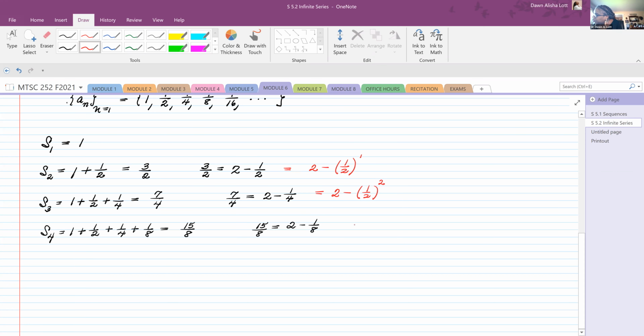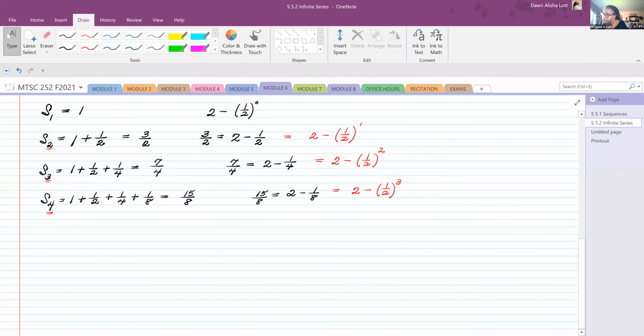This is 2 minus 1/2 cubed. So notice this is a 4. 2 minus 1/2 cubed, this is a 3. 2 minus 1/2 squared, this is a 2. 2 minus 1/2 to the first power. I can conveniently write this as 2 minus 1/2 to the 0th power. How's that?